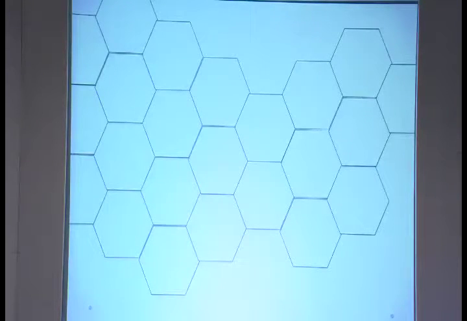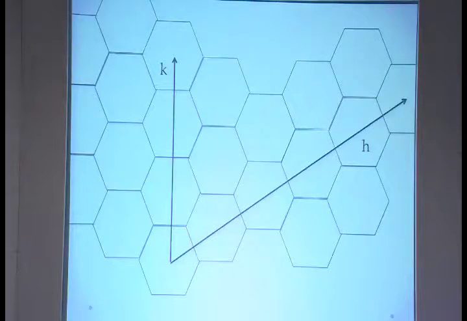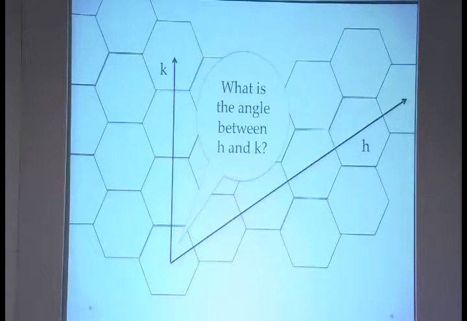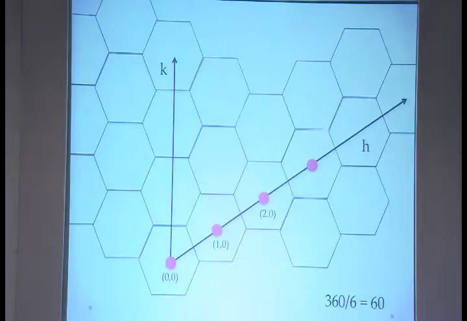If you have, for example, a tile of hexagons, and you figure out an origin, right? And then you have 2 vectors. So this is almost like a lattice. There is this h direction and the k direction. And the angle between h and k is, in this case, 60 degrees, right?